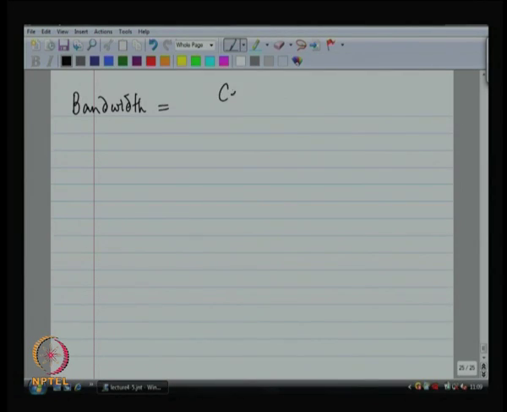It is the center frequency divided by Q. So, we have got 1.7 gigahertz as our center frequency, divided by Q is about 14. So, my bandwidth is a little above 0.1 gigahertz.